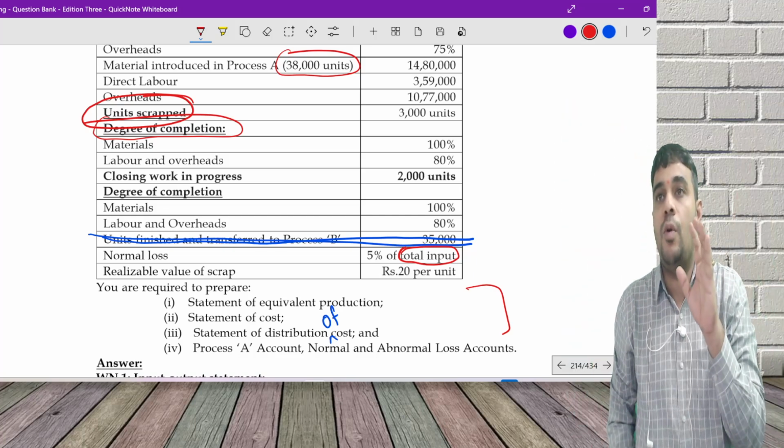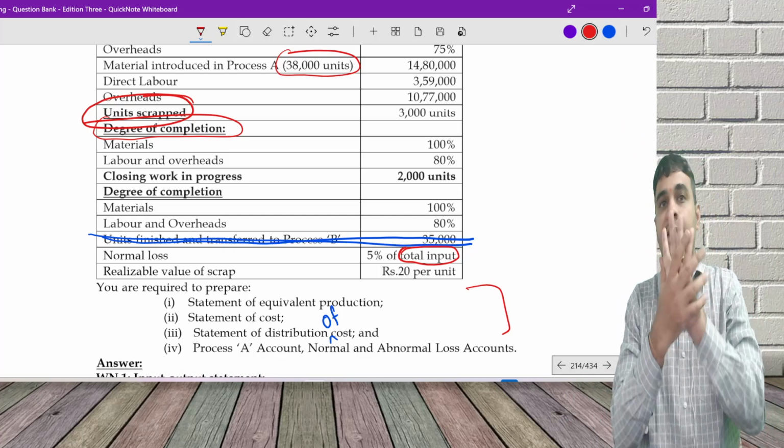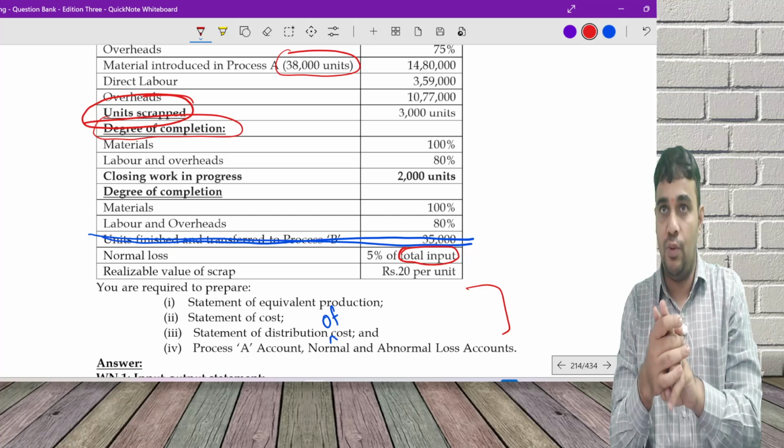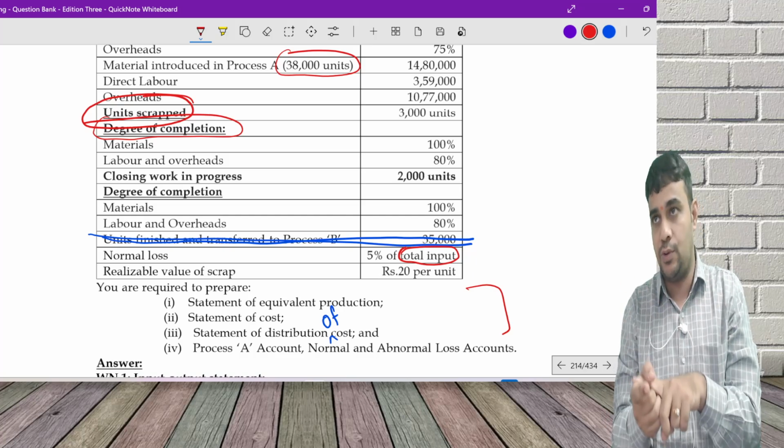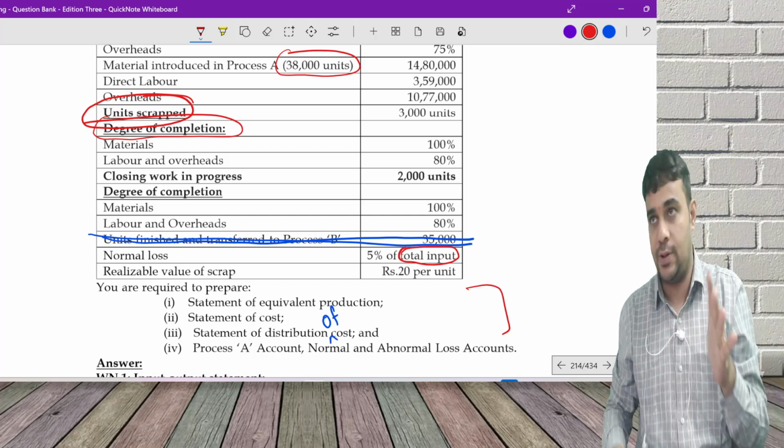First, we are going to open a process account, write its debit side. See, the steps are 5 steps. In that 2 steps, you already know: input output statement and process account. First, I do process account, then I do input output statement, then I do the other steps.